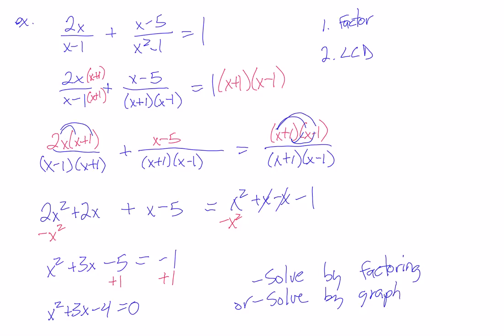So on your calculator, just graph that equation and find the x-intercepts, or you can use the solver on your calculator. Okay, so on your calculator, let me just open up a new page and I'll explain how to do this. So our equation was x squared plus 3x minus 4.